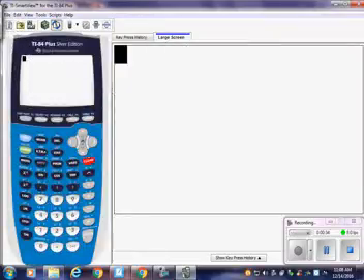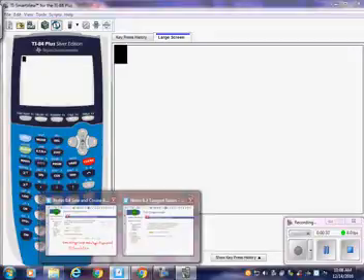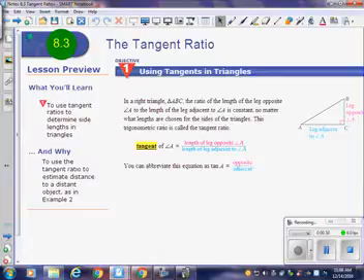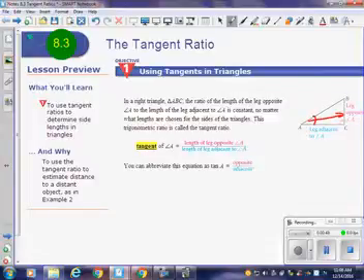As you go through trig problems, you have to know the fractional ratio relationship. So tangent is opposite over adjacent. The opposite of A is the side that's across from A that doesn't touch that angle, so you can draw a line straight across from that angle to the opposite side.